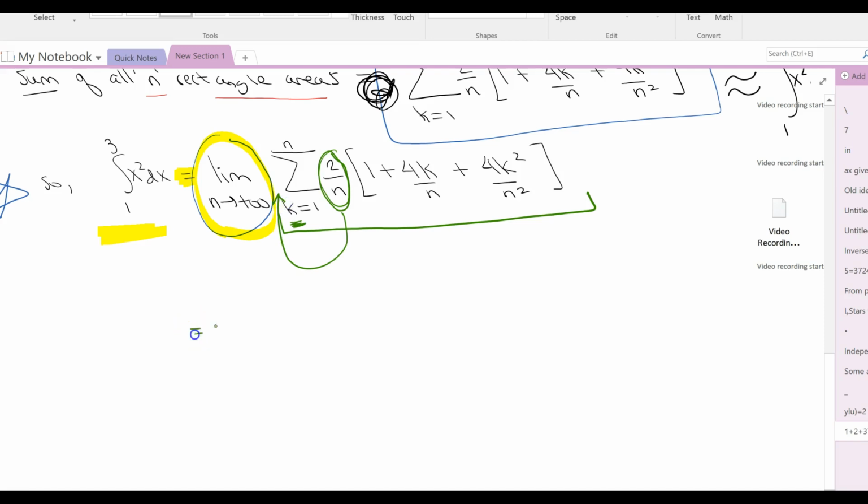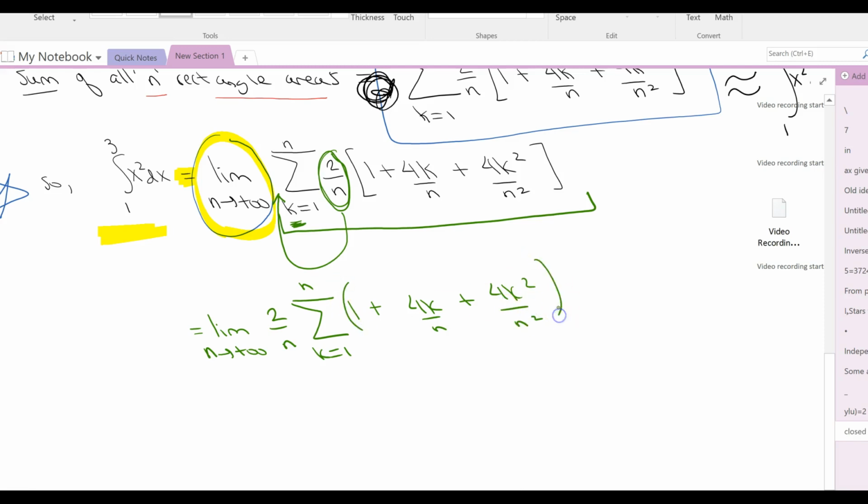So this then becomes the limit as n approaches positive infinity of 2 over n times the summation from k equals 1 to n of 1 plus 4k over n plus 4k squared over n squared, okay? I'm going to make it clear now that this is the summand. Okay, now let's go ahead and flesh this out.